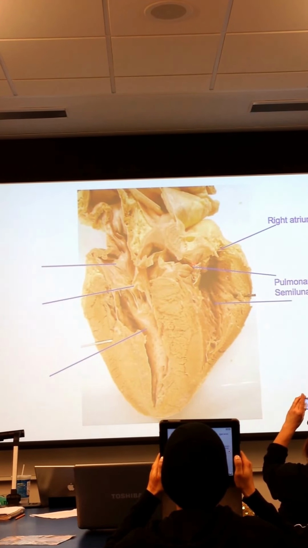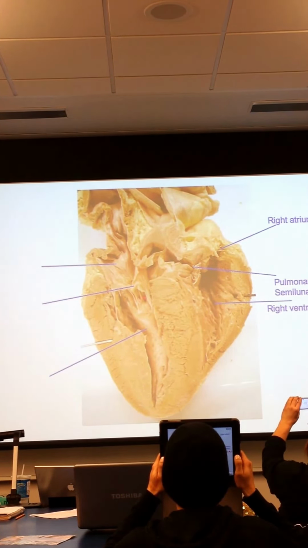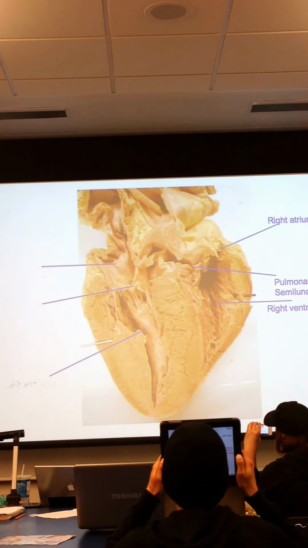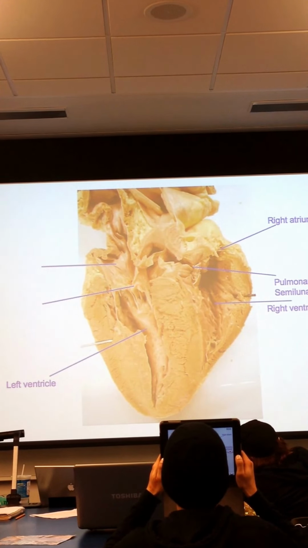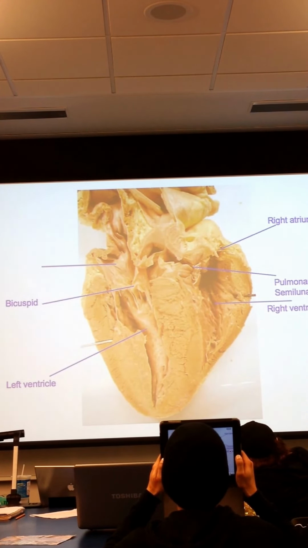This is not one you need to know, but this is the pulmonary valve. Atrium.